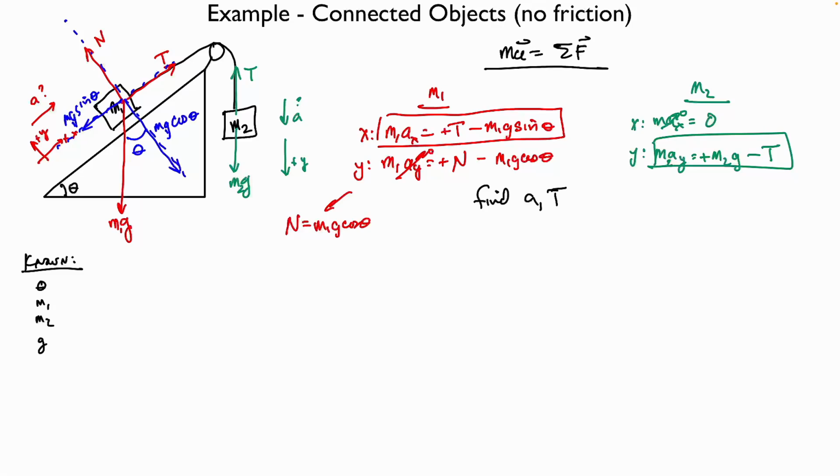I think what I'm going to do, I'm going to solve this one for T. This is going to be m2g minus m2a. What the heck did I do there? I know it looks like a mystery. I know I don't spend any time on math in here. But if I move T over the other side of the equal sign, what happens to its sign?